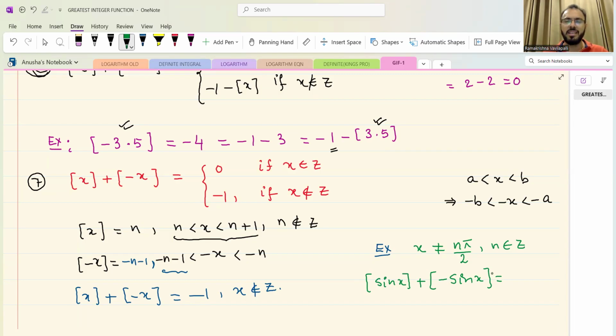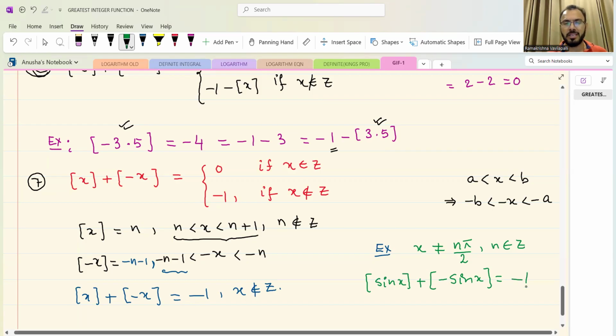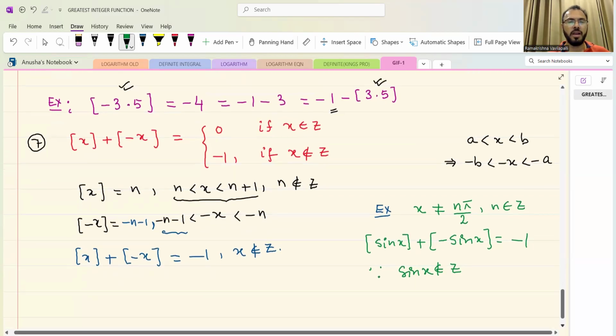So its value you can write as minus 1, since sin x does not belong to Z when x is not equal to n pi by 2. So this is one important property.